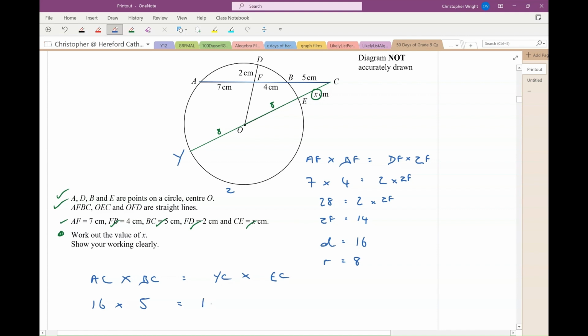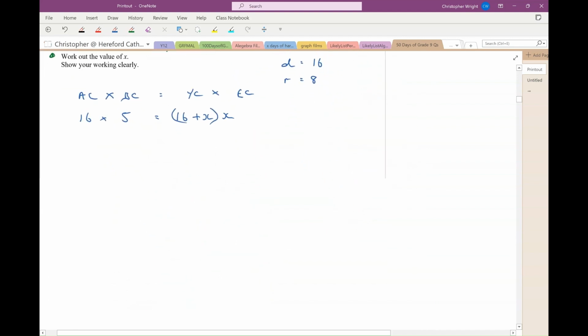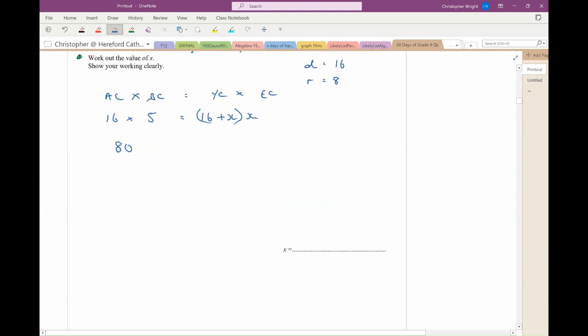So that's 16 plus x multiplied by EC is x. Look at this. I think I'm going to get a quadratic equation. So I've got 80 equals 16x plus x squared. So I've got x squared plus 16x minus 80 equals 0.